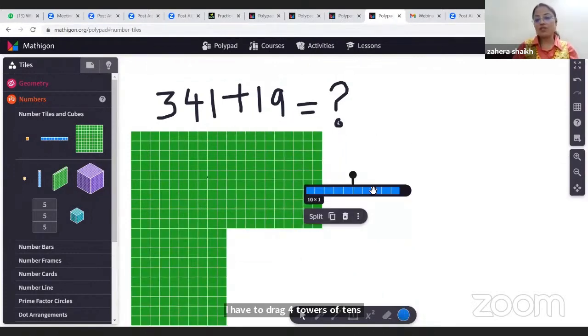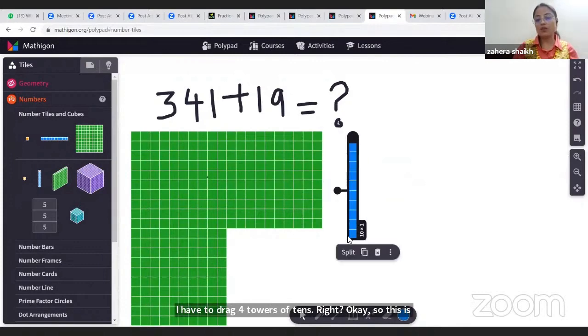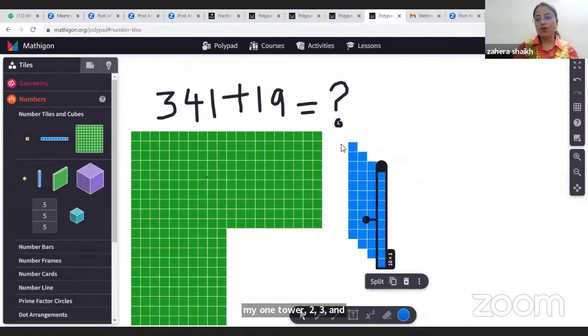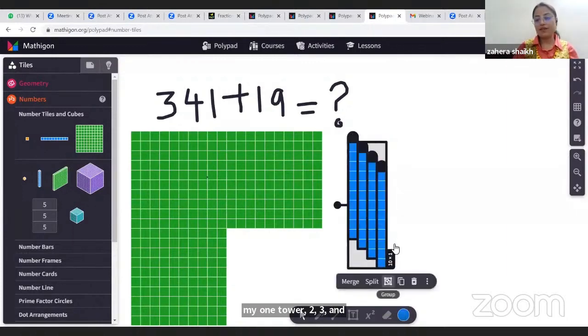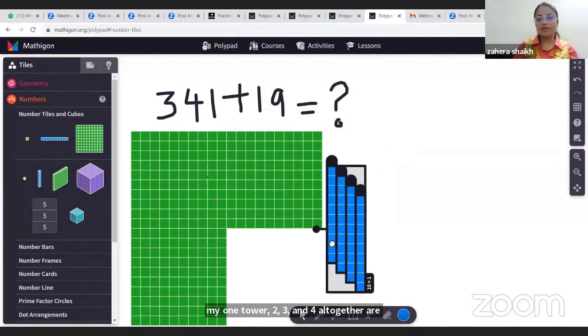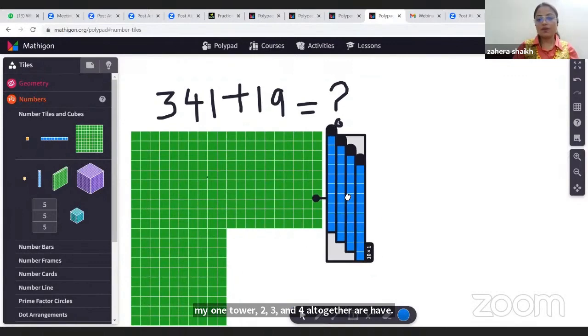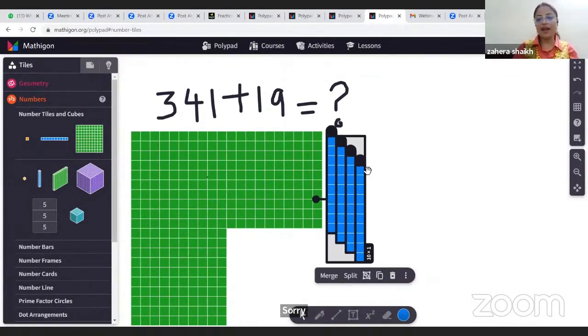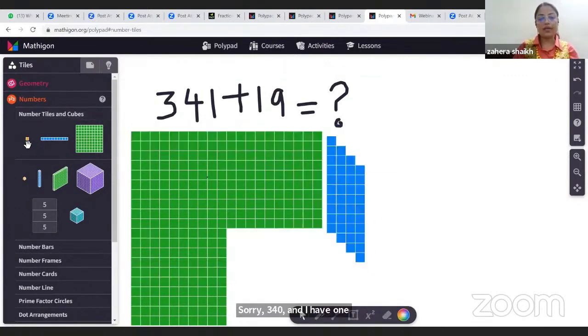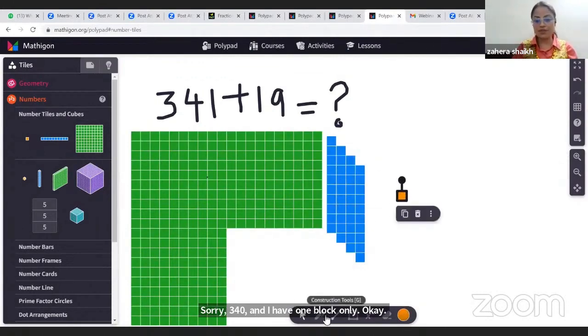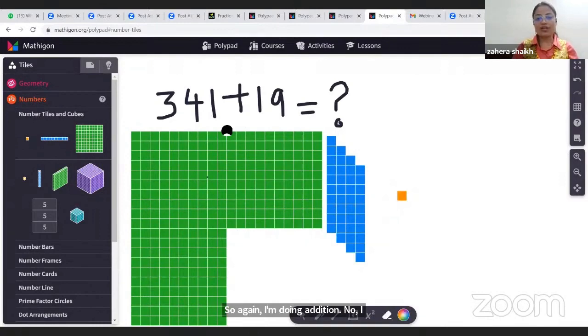Okay, so this is my 1 tower, 2, 3, and 4. Altogether, I have 340, and I have 1 block only. Okay. So again, I'm doing addition. No, I was supposed to do subtraction. Let me just make it subtraction.